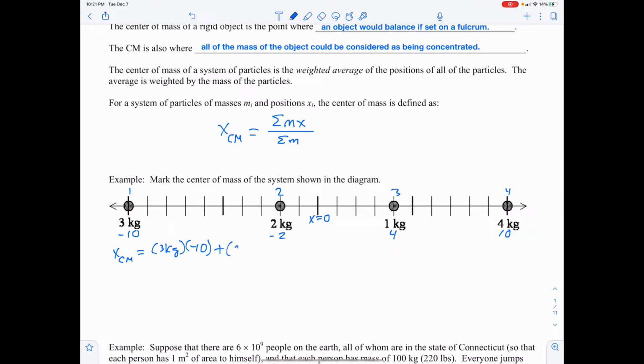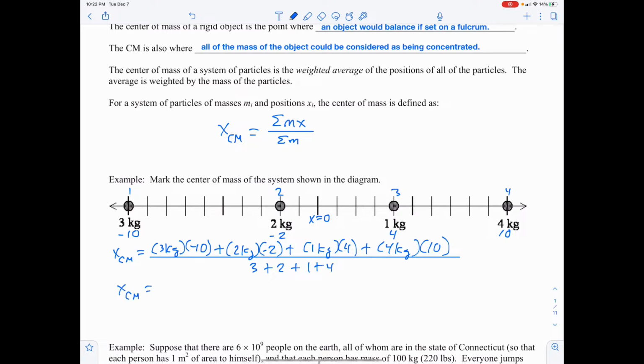Plus the next one is 2 kilograms times -2, plus mass 3, 1 kilogram times 4, plus mass 4, which is 4 kilograms, times 10. And we are going to divide all of this by 3 kilograms plus 2 plus 1 plus 4.